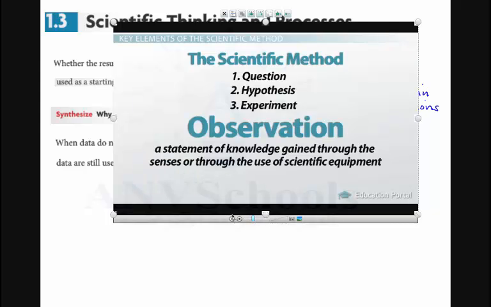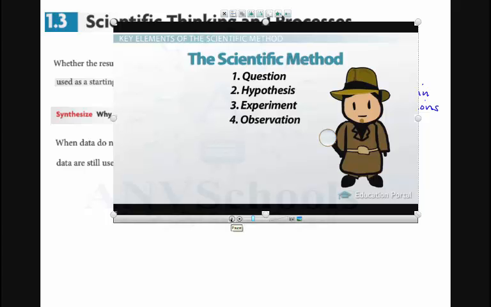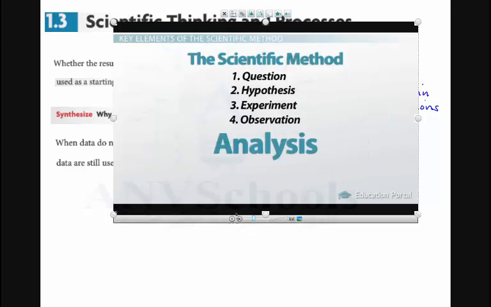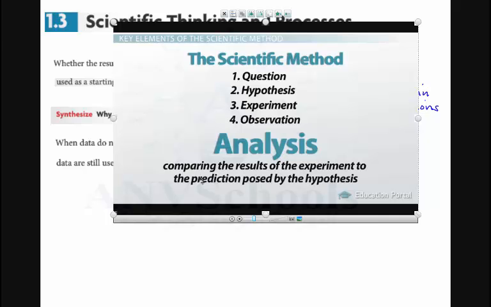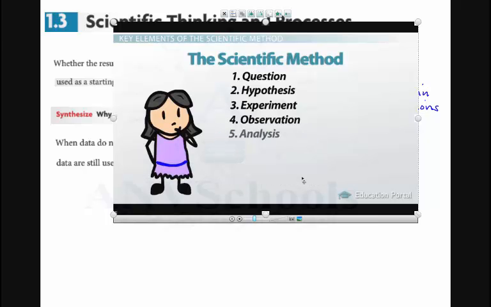The observation is the statement of knowledge gained through the senses or through the use of scientific equipment. Then after observing, you will go through with other scientists to analyze the results of the experiment, and maybe make predictions.